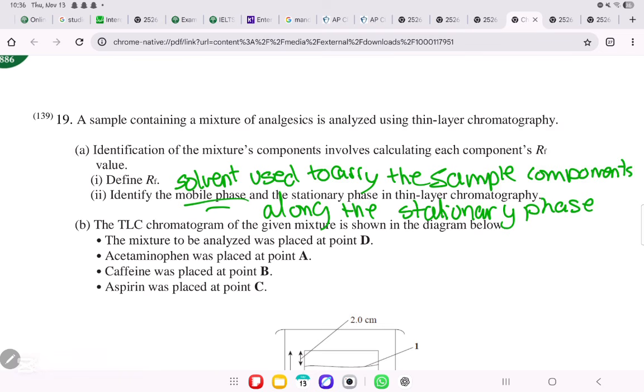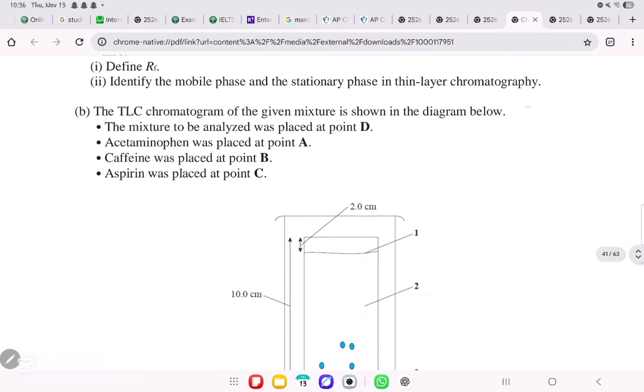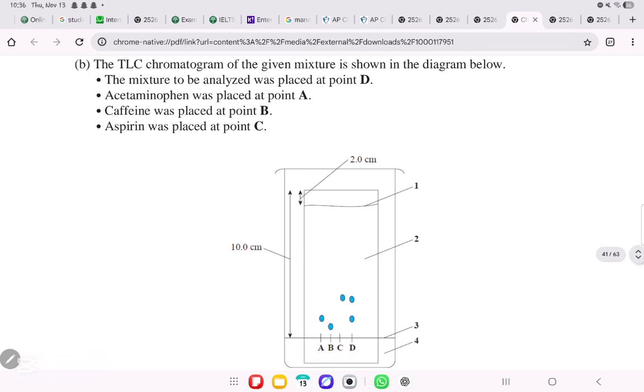So in the exam, if they asked you to describe the mobile phase, you'd say it's the solvent used to carry the sample components along the stationary phase. That's it for part A. We'll move on to part B of question 19.